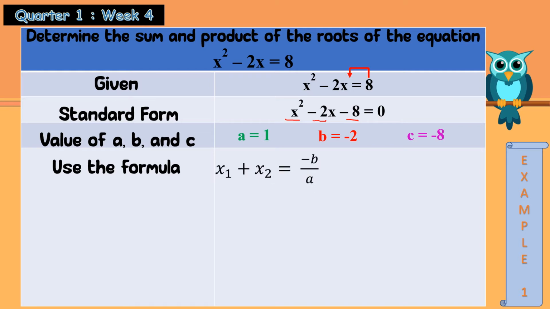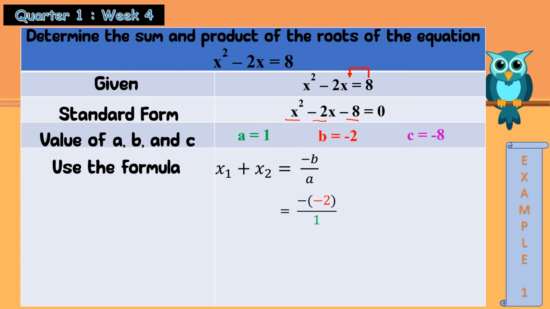For the sum of the roots, you will use x sub 1 plus x sub 2 is equal to negative b divided by a. So for us to get the sum of the roots, we'll just simply substitute the values of b and a from the formula that we have. So we have here negative times negative 2 divided by a, since the value of our b is negative 2 and the value of our a here is positive 1.